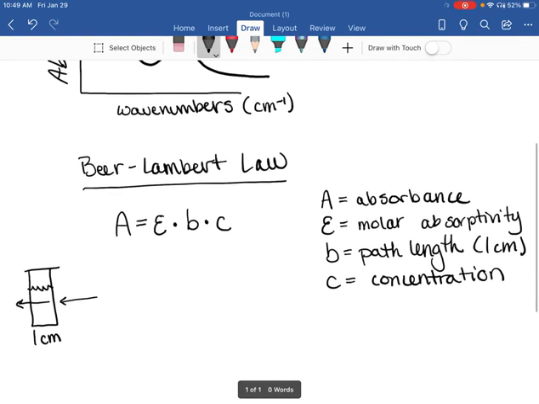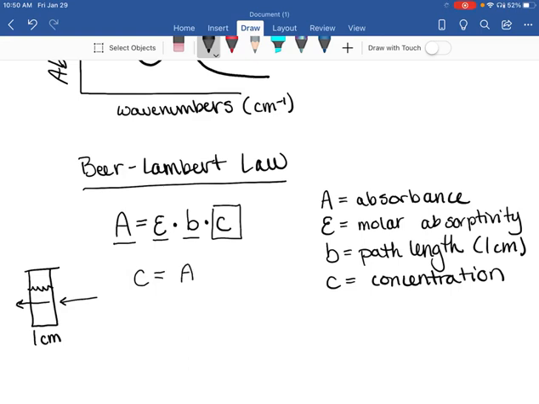Then you're going to plug in the absorbance value into the Beer-Lambert law. You're also given the epsilon value in your lab handout, so you'll plug that in. We know that the path length is 1 centimeter, and then you're just going to calculate the concentration. So if we rearrange this equation, we would take the absorbance and divide it by epsilon and the path length.